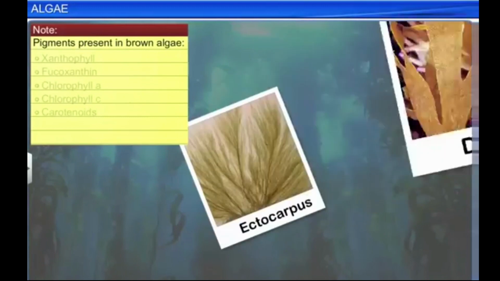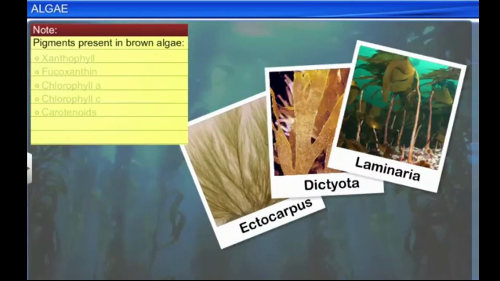They also vary in color due to the varying concentration of the pigments xanthophylls and fucoxanthin. Apart from these pigments, chlorophyll A, C, and carotenoids are the other major pigments found in brown algae.